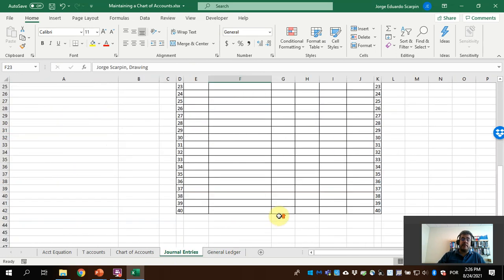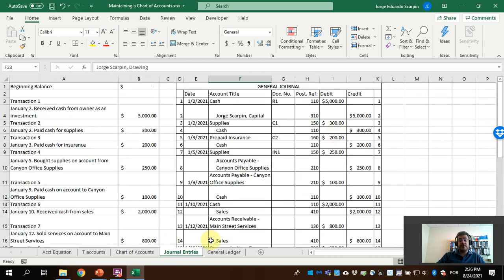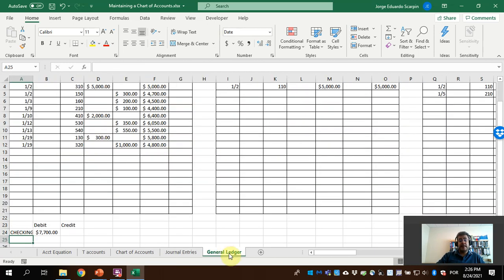It will not match with the sum of our journal entries because here we are summing the balances.